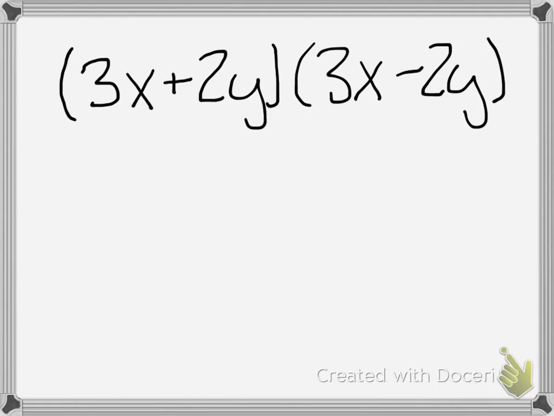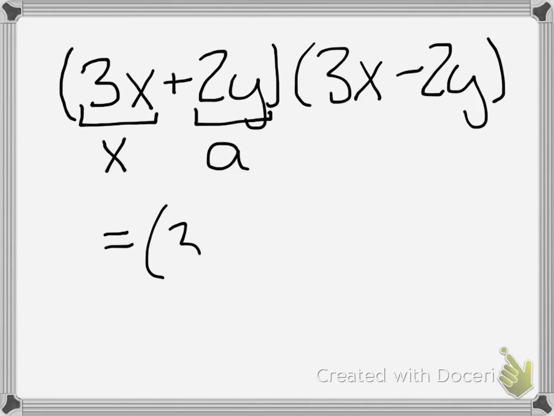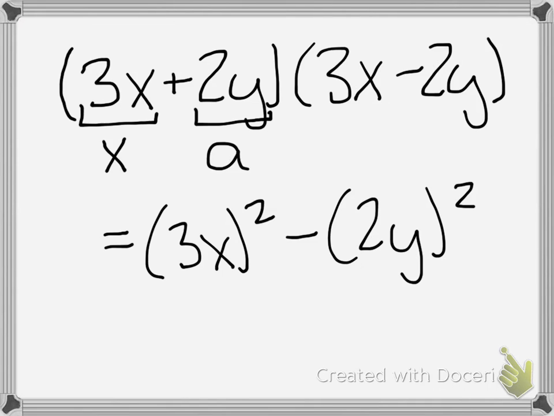This is more tricky looking, but it's exactly the same thing. Here, this 3x, that's the role of the x in our formula, and this 2y is the role of the a. So I know immediately that this product is 3x squared minus 2y squared.